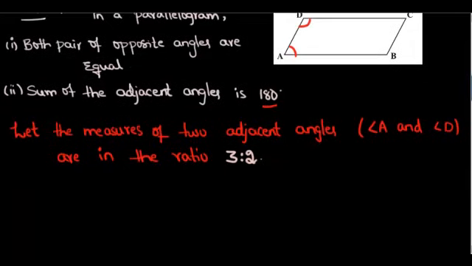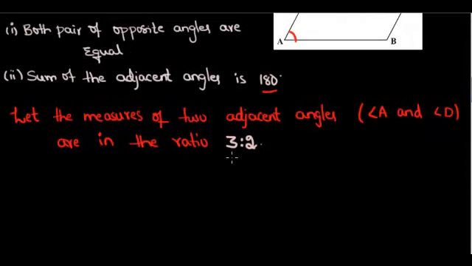Let us assume x is the common factor of this ratio, and then we have the measure of angle A equal to 3 times x. Here x is the common factor of the ratio, and then we have the measure of angle D as 2 times x.